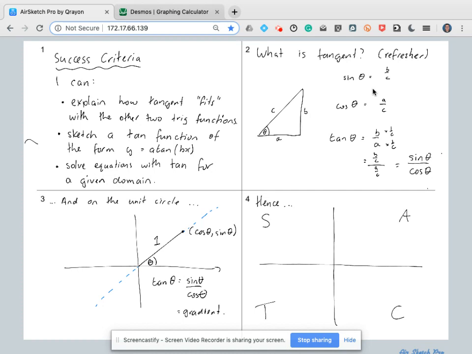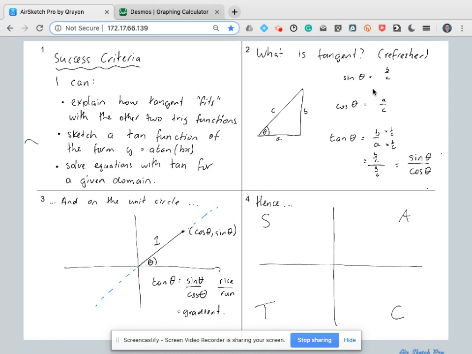So in other words, the family of straight lines that pass through the origin, not above or below, that make an angle of theta from the positive x-axis, the gradient of that line would be tan theta. Rise over run. Sine theta being the y-coordinate, and cosine is the x-coordinate. Goodly doodly?